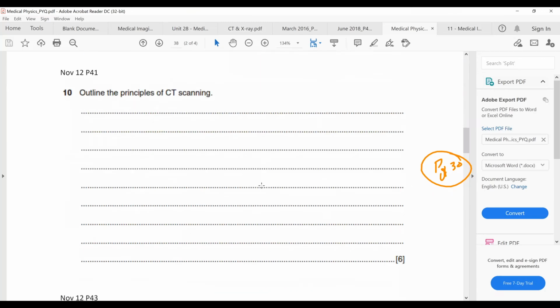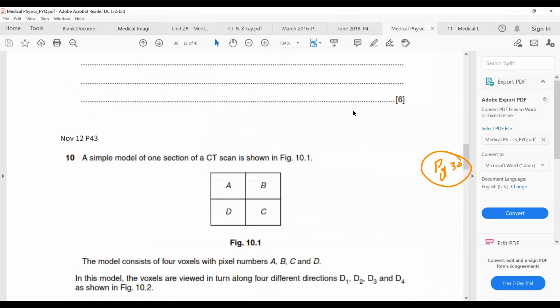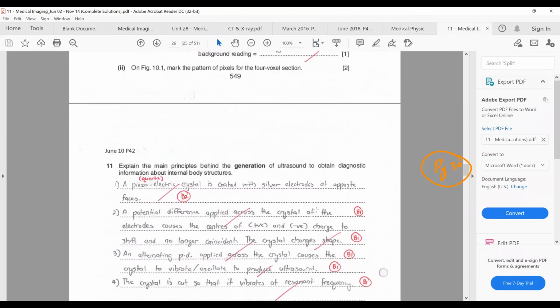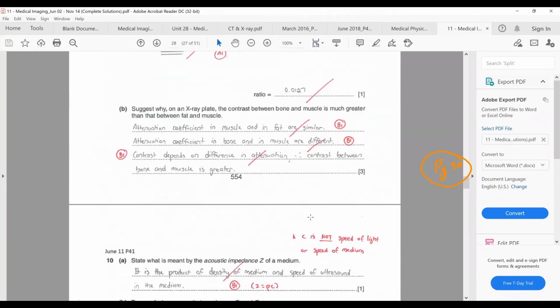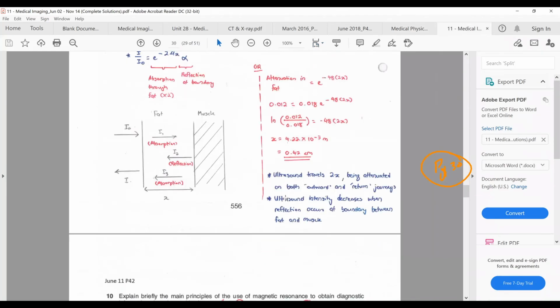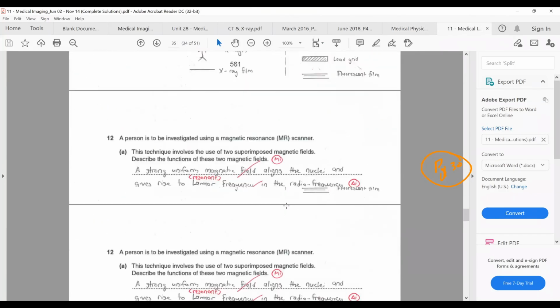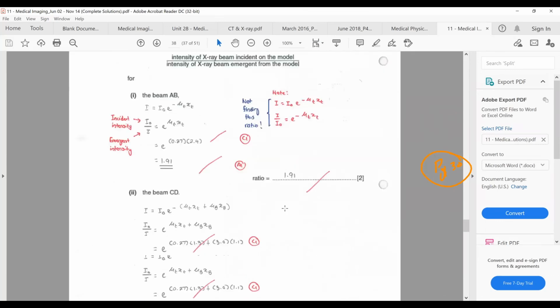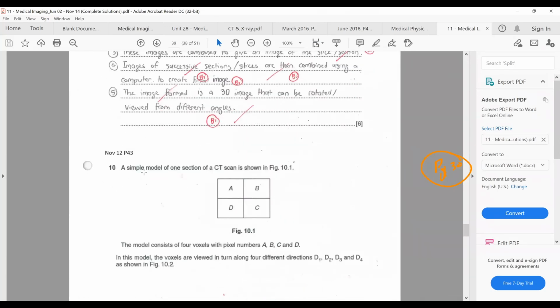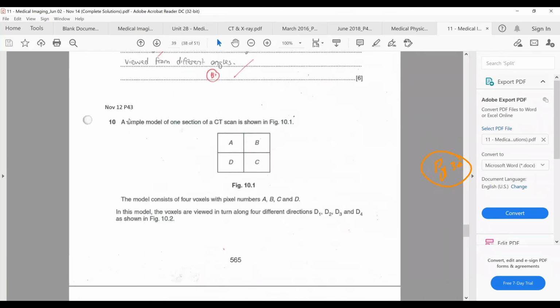Then if I go on to the second one, this one is page 565. You again have something similar, but let's just go through that. Now you also have another similar question here. A simple model of a section of a CT scan is as shown.